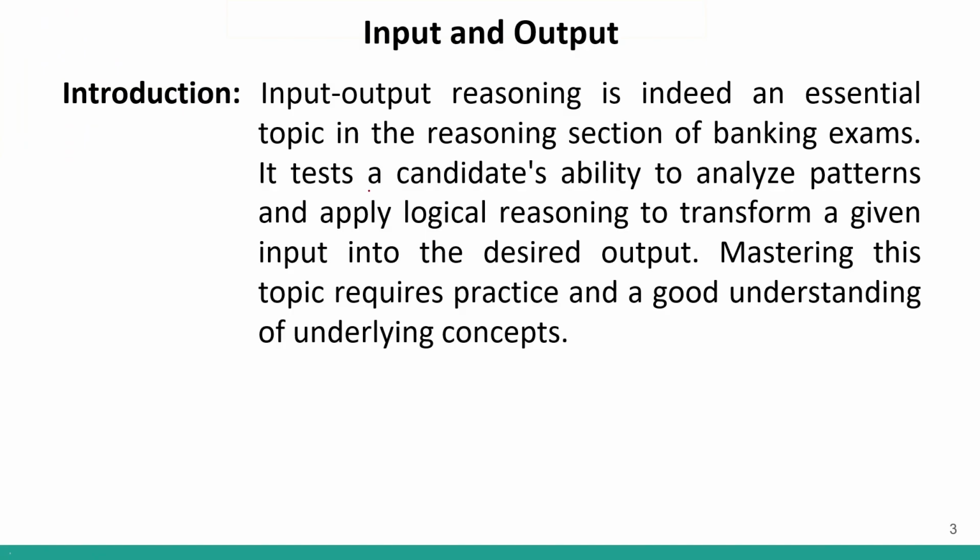So let us start. Now, what do you mean by input and output? Input and output basically means, for example, you have a machine, okay? Let's say this is a machine and you have a keyboard. Okay, so this is your monitor, let's say, and you have your keyboard over here.